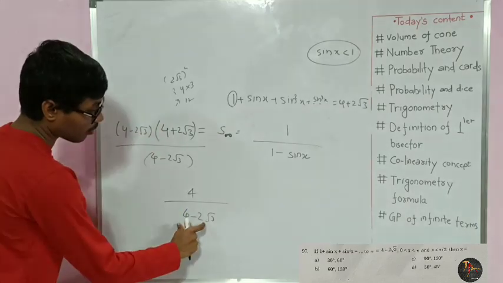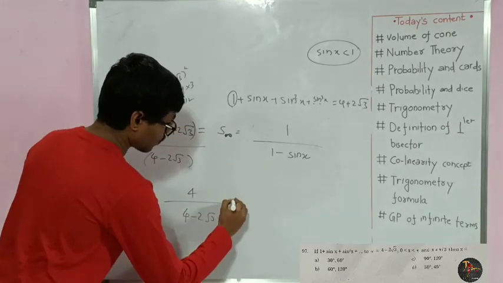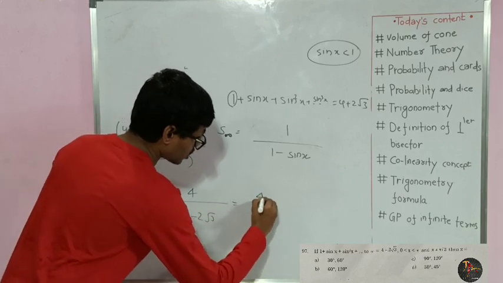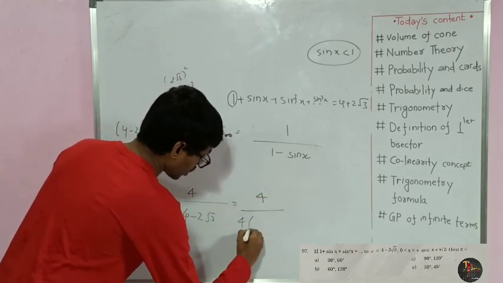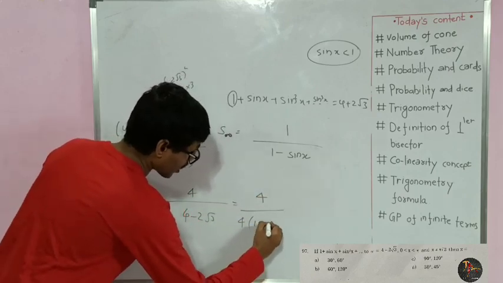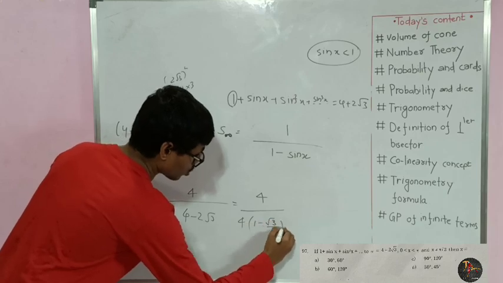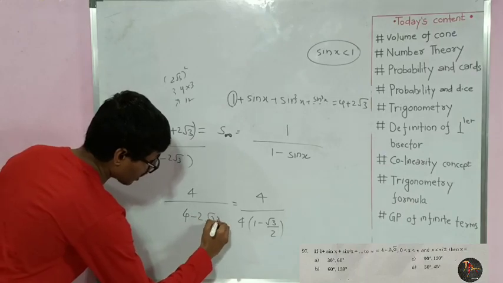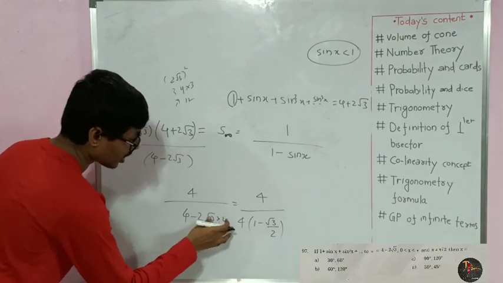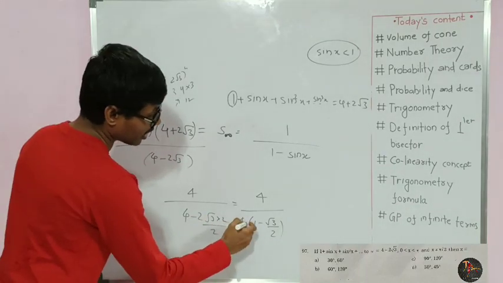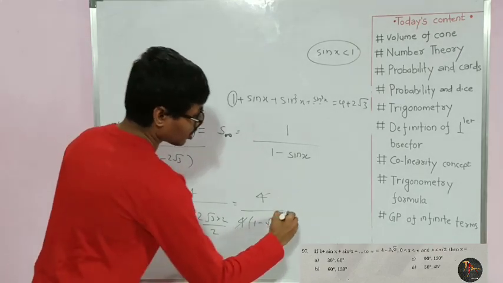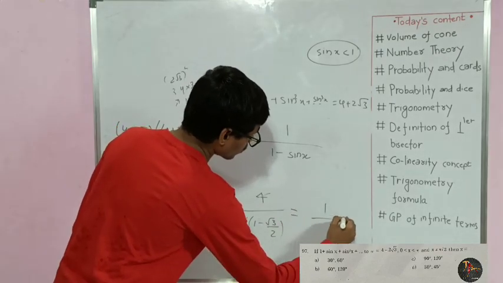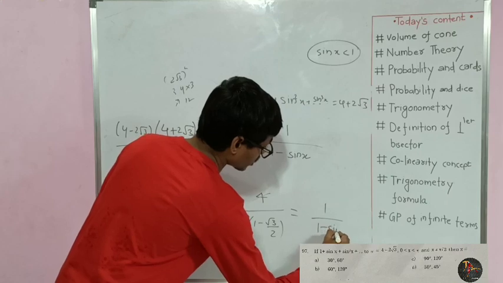Now if I take 4 common from here, I will get 4 into 1 minus root 3 by 2. I have taken out 4, so I multiply by 2 divided by 2 and again take out 4. So it will be equal to 1 by 1 minus sin x.